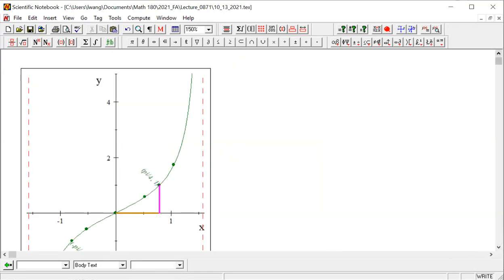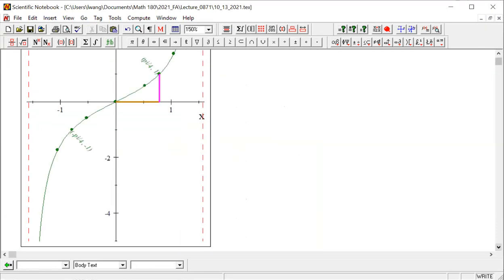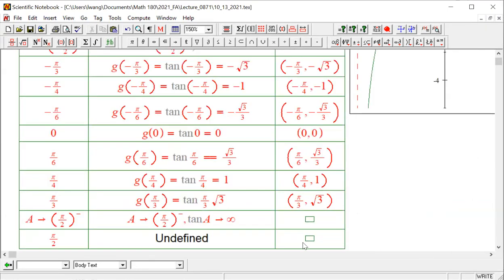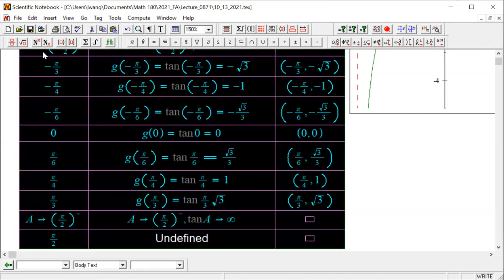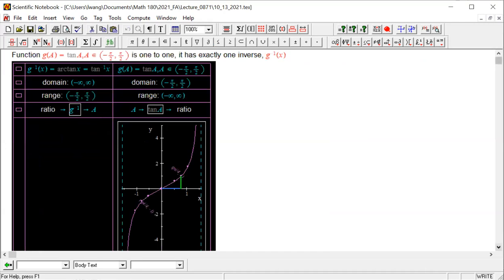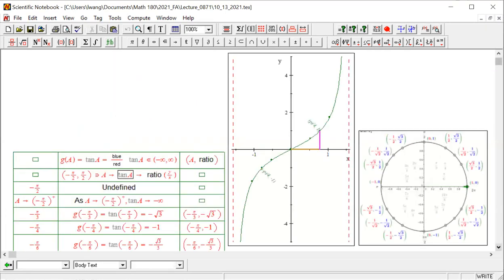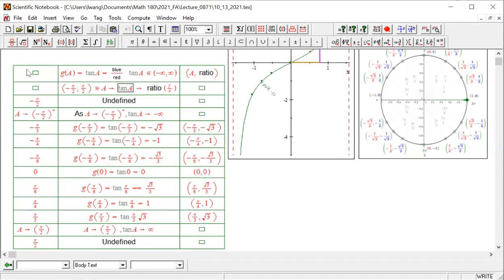Okay, so let me get the table. So where's my table? Okay, so finally we got this table, right? Let me get that table right here. No, not this table, sorry.